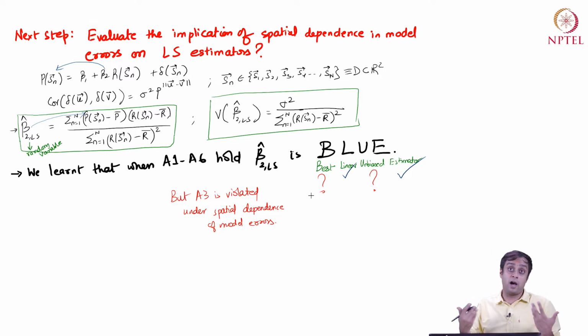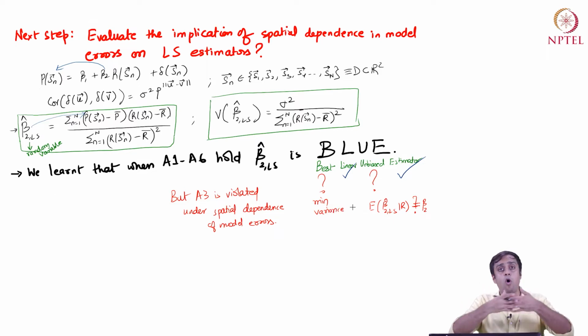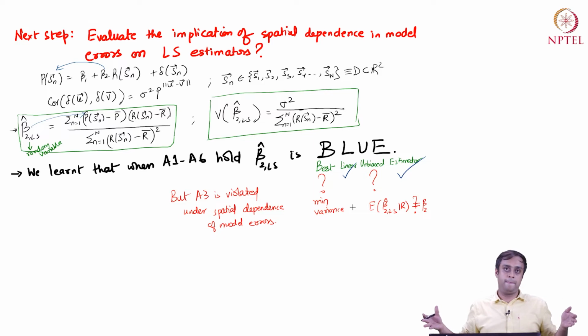So we understand what unbiased means. Basically what we are asking is, how does the expectation of beta 2 hat LS given the data on R compare with the true value beta 2? And second, best means that this estimator is the one which will have the minimum variance among all the estimators of beta 2, right?